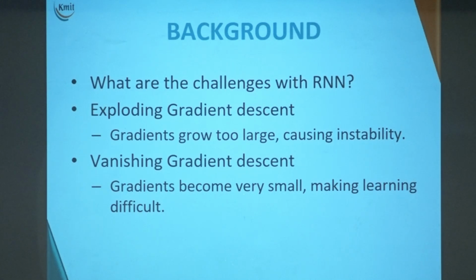The gradient grows too large, which creates instability in your model. There is a way to avoid it by using a suitable activation function. I leave it to you to think and brainstorm what activation function could help. The answer is in my subsequent slides. I will ask you again, so keep that point in mind. Which activation function would be suitable to avoid exploding gradient? Several activation functions you have studied. That is your brainstorming part as of now.